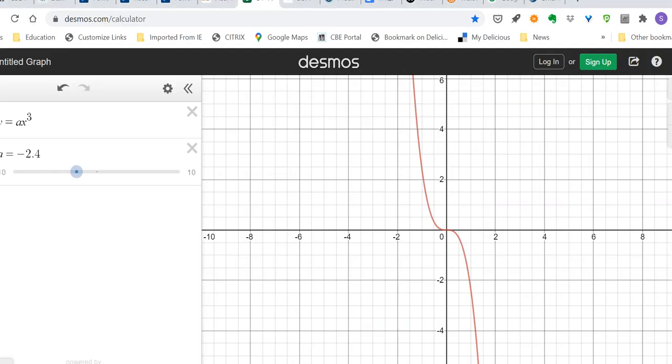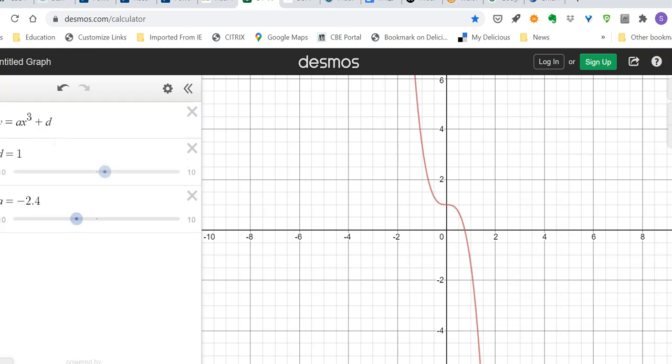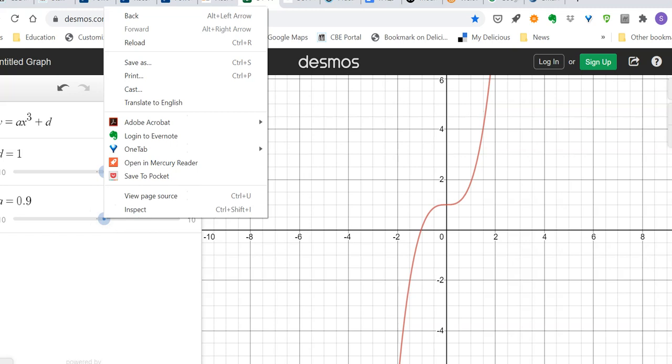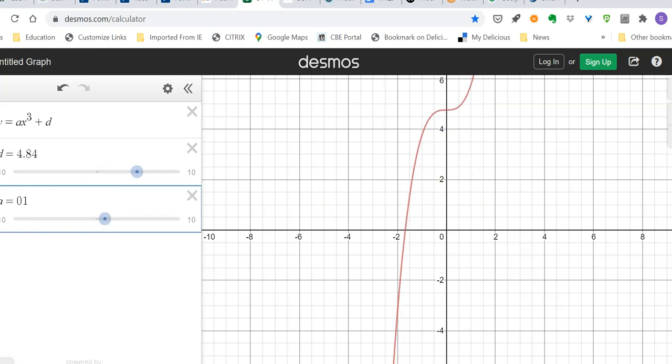Let's go back and play with this a bit more here. Let's throw on plus d. I'm going to toss in a constant here. Okay, I'm going to take a back to 1 because we should only ever change one thing at a time, right? Good enough. Oh, look, d is 1. All right, what's the constant doing?